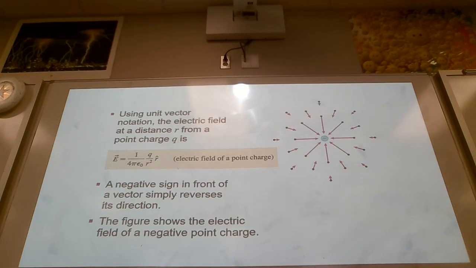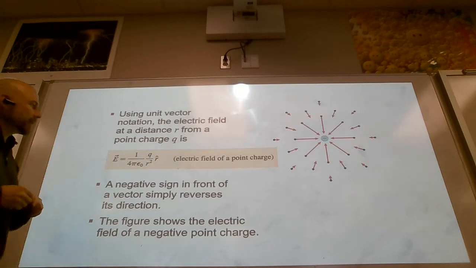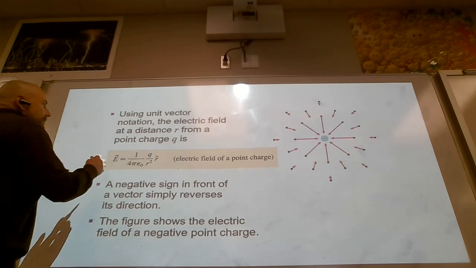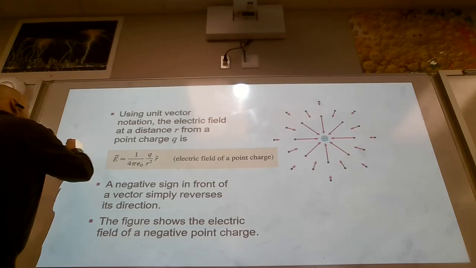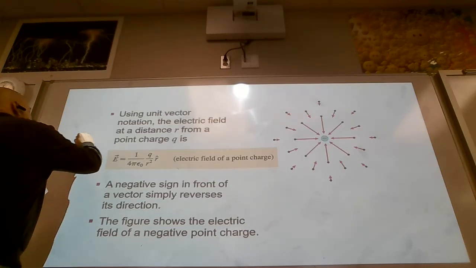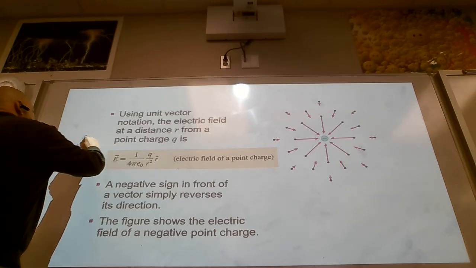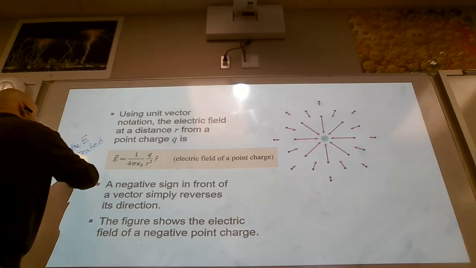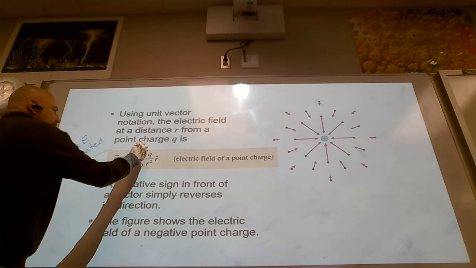Okay. So this is one way to describe the electric field created by that charge.